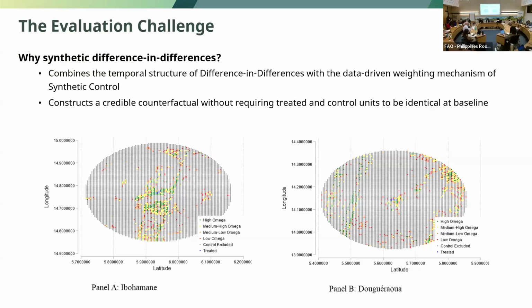Gray pixels received zero weights. They were too dissimilar to contribute meaningfully to the counterfactual. We also see that the spatial distribution of weights differs between the two perimeters, reflecting the distinct agroecological conditions surrounding the two treatment sites.